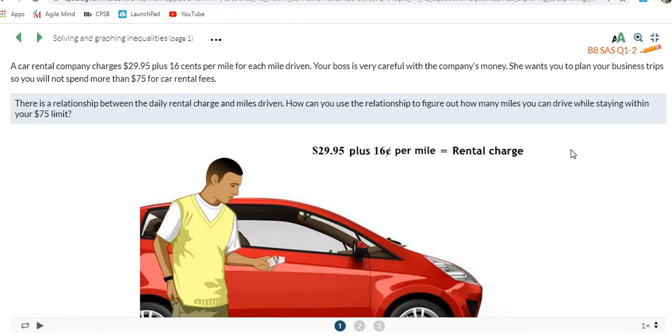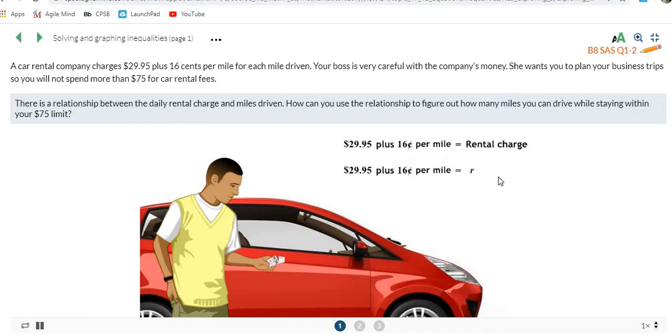So right now we have kind of an equation written of what was set up here. I want to change that to a more mathy way of seeing an equation. So I'm going to change the rental charge to an R, the plus to a plus sign, and 16 cents I'm going to change to a decimal.